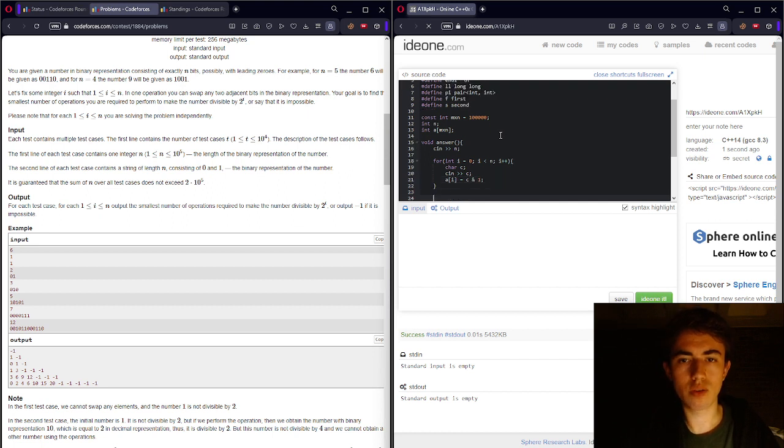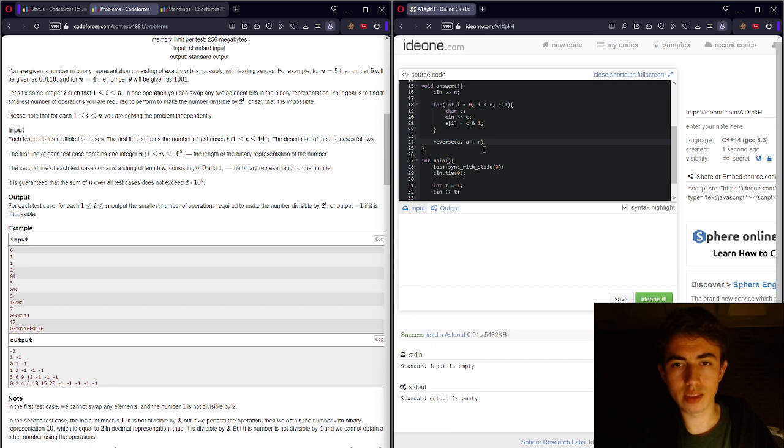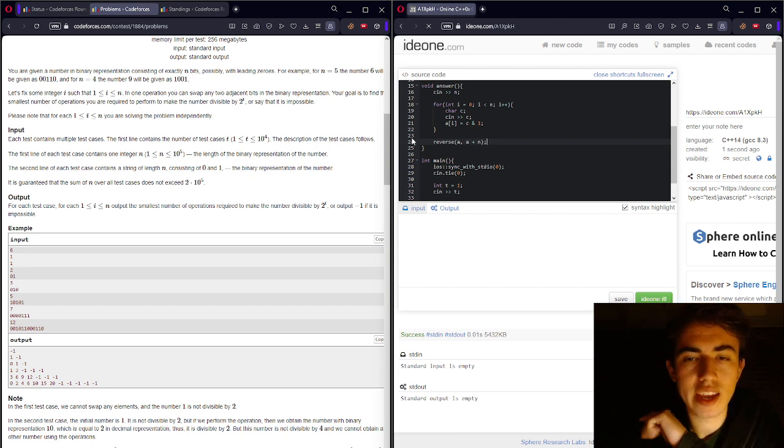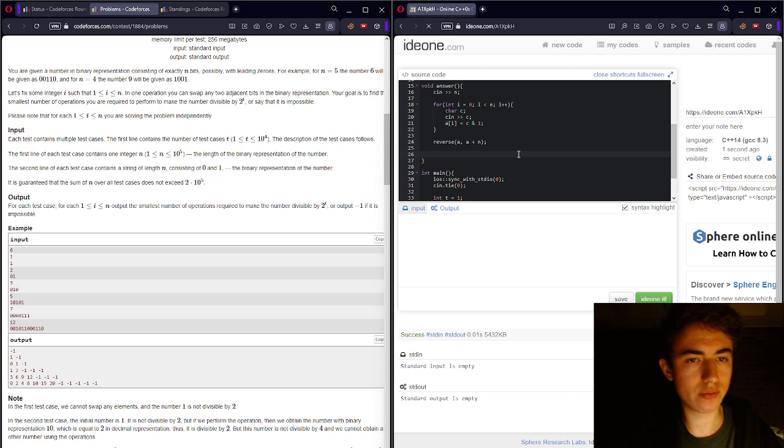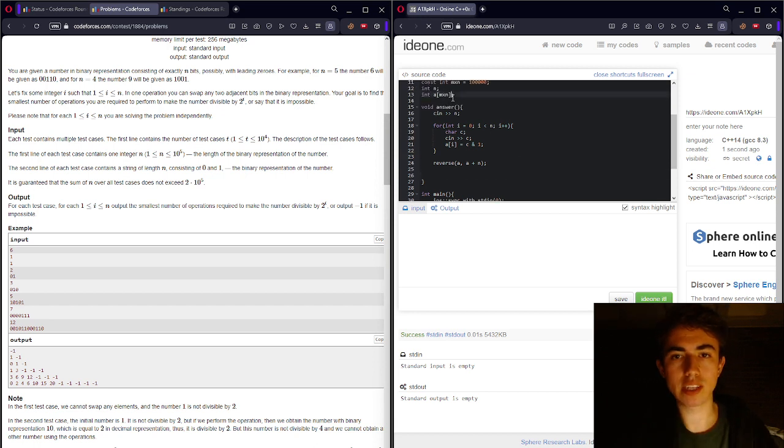And now I want to reverse it, and the reason is I want a of 0 to be the 0 place value. Then let's have a function f be our answer. And we want two things: we also need to store how many zeros there are currently.